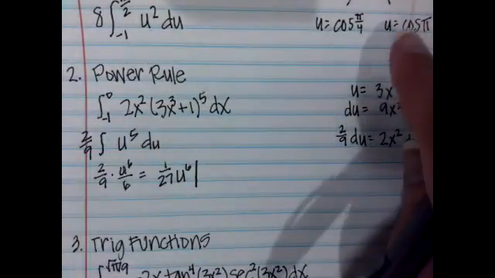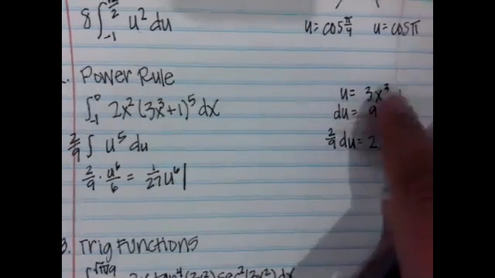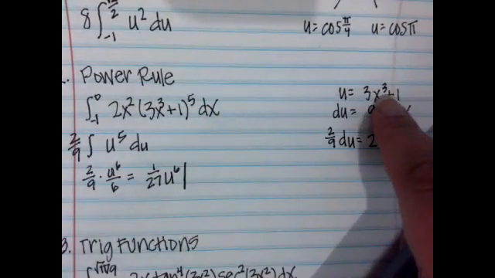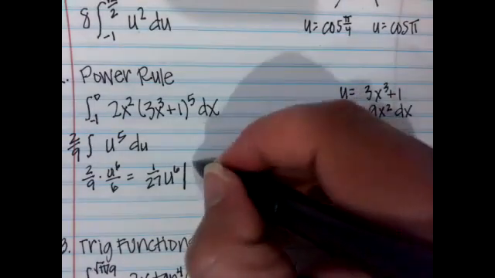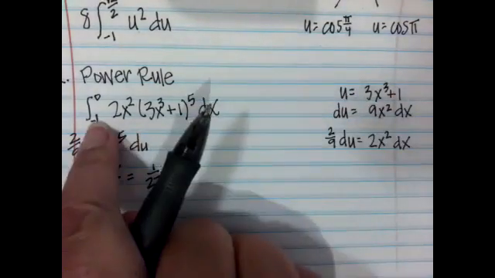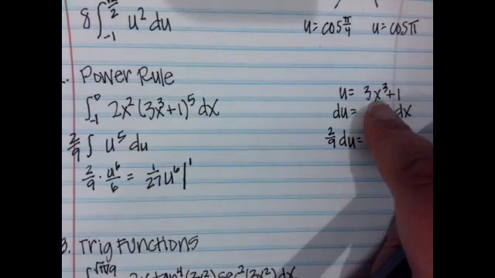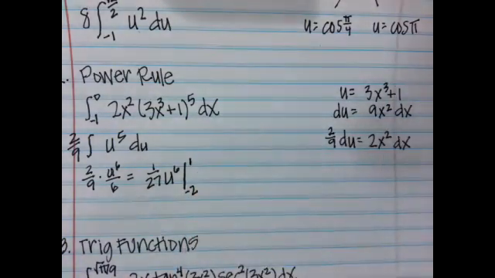We've got to do what we did up there and find our new numbers. And so just find a little spot, and we're just going to plug 0 into here. So that would be 3 times 0 cubed is 0 plus 1 is 1. And then plug in -1. So -1 cubed is -1. So -3 plus 1 is -2. See, that does not take very long.